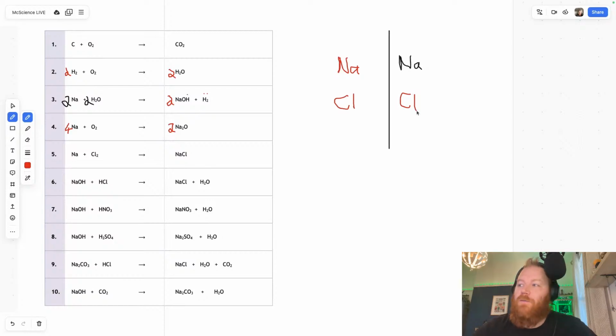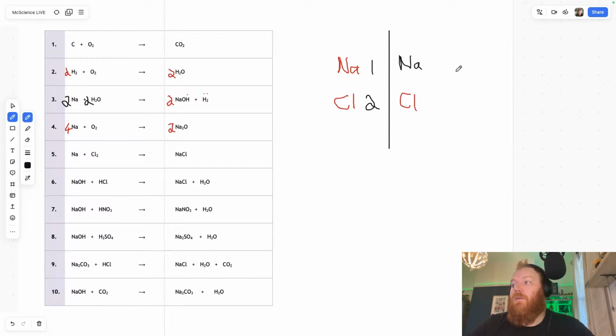This is one of the most fascinating things I find when it comes to chemistry, is how we are able to merge chemicals together and they can either become highly dangerous or edible. And that's the beauty about chemistry. So on my reactant side, I have one sodium and two chlorine.